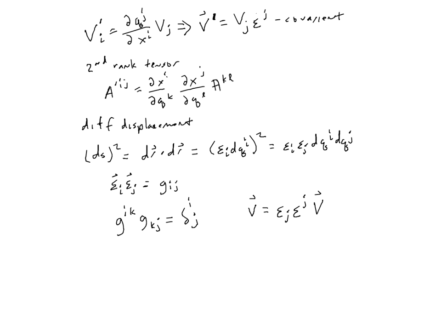The inverse metric is basically saying that you're going to take these two indices on the epsilon terms and raise them up. So this first term here is the inverse of Gkj. One thing we're going to use the inverse metric for is to raise indices.